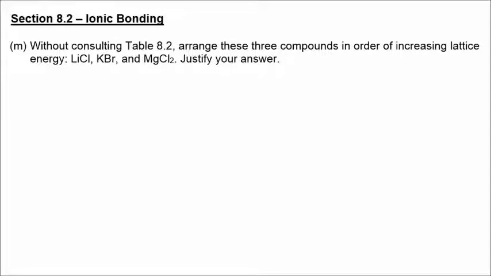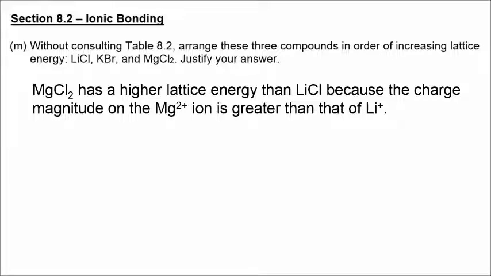As we compare lithium chloride, potassium bromide, and magnesium chloride, let's see if we can arrange these three compounds in order of increasing lattice energy from weakest to strongest attractive force. Well, MgCl2 would have a higher lattice energy than LiCl because the charge magnitude on magnesium is greater than that of lithium.